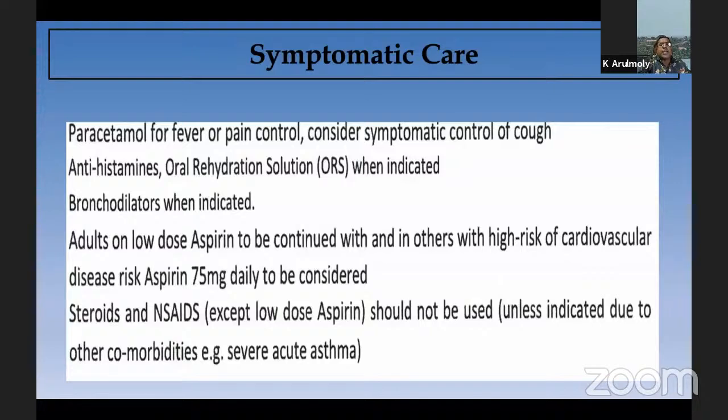So symptomatic care, as you know: paracetamol, antihistamine, bronchodilators. You can continue the usual medication. Even ACE inhibitors and ARBs can be continued. If they are already taking them, an asthmatic can continue. So these are the symptomatic care.